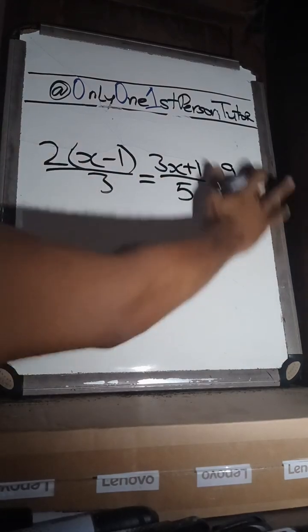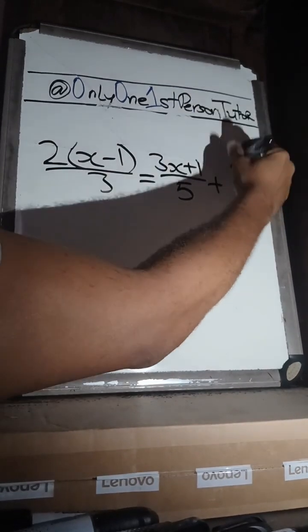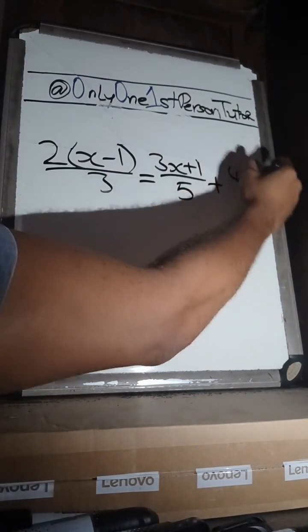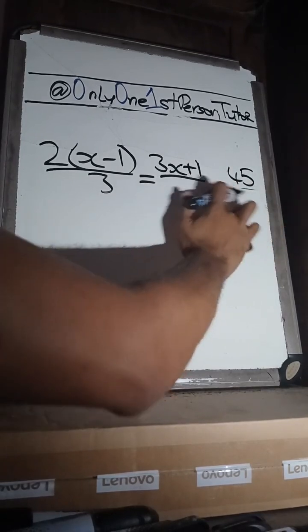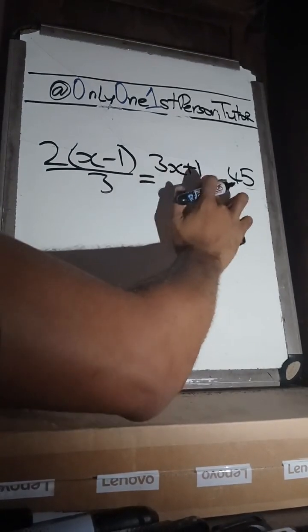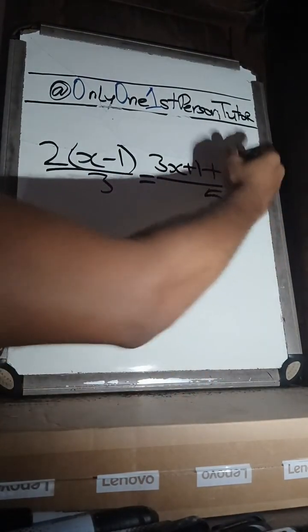So this becomes 3x plus 1 plus 45 over 5. Now, if we're grouping like terms, why don't we have them share a denominator? Right? So all of that is shared with 5. And there we go.